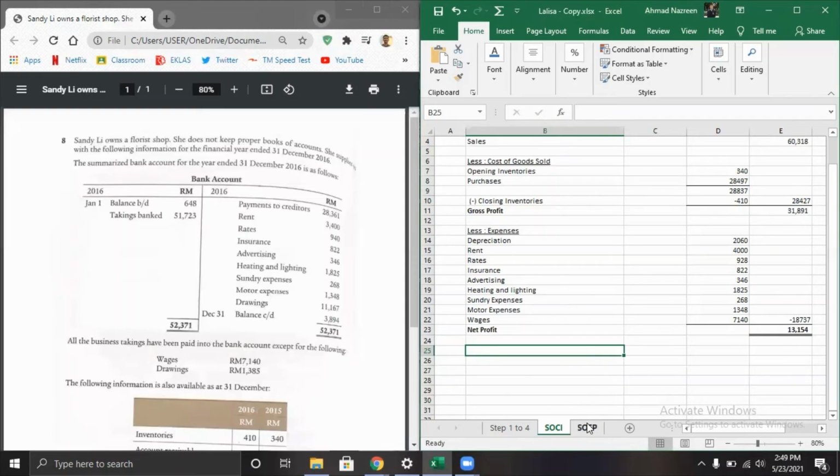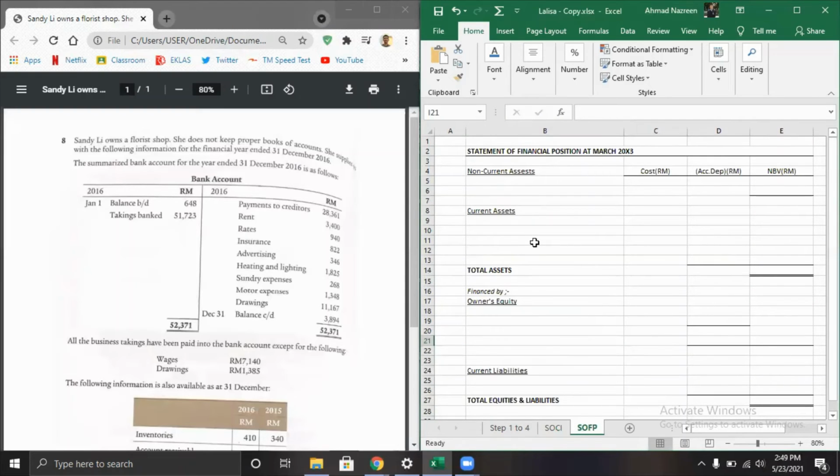So we're going to do the statement of financial position at 31st December 2016.